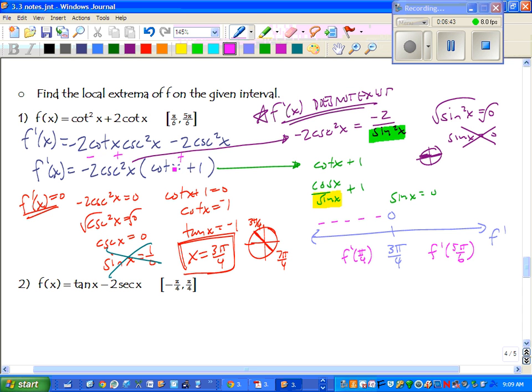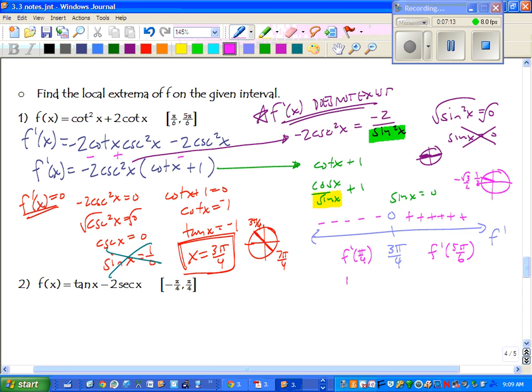Cotangent of 5 pi over 6, so that's cosine over sine. Well, at 5 pi over 6, our cosine is negative root 3 over 2. Sine is 1/2. So we're going to have negative root 3 over 2 over 1/2, which comes out to negative root 3 plus 1. That's going to make this a negative value. So if we have a negative times a positive times a negative, we're going to get a positive value.